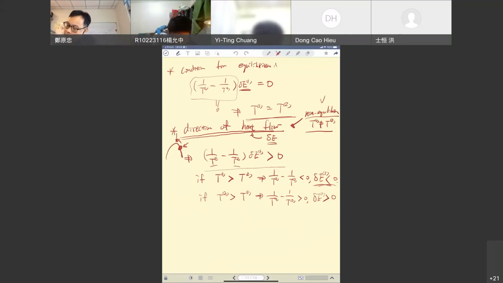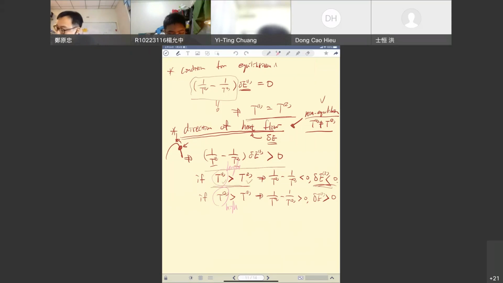So let's go back here. If T1 is greater than T2, then delta E1 is negative. Delta E1 is negative means energy is going from system 1 to system 2, from high temperature to low temperature. The second one is now T2 is the high temperature body.